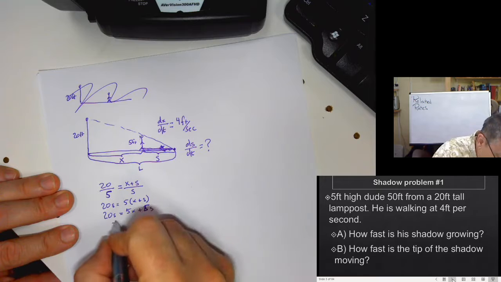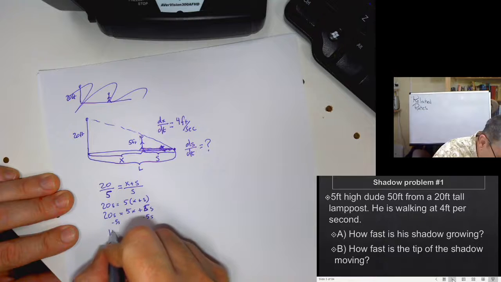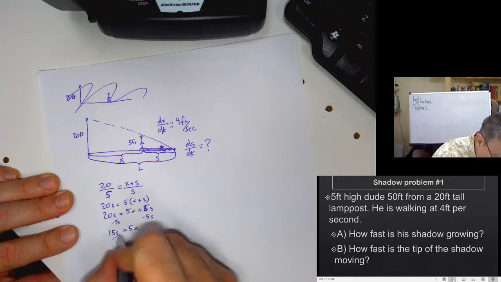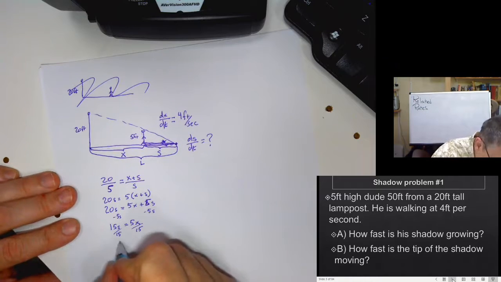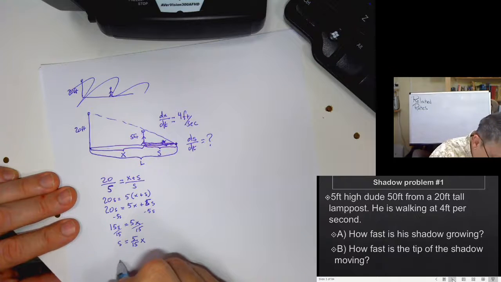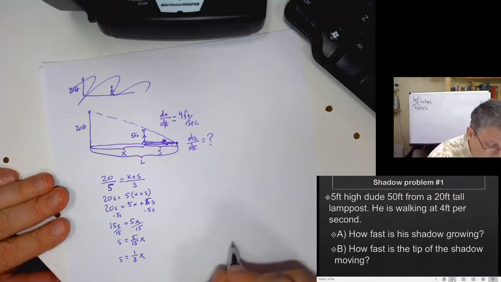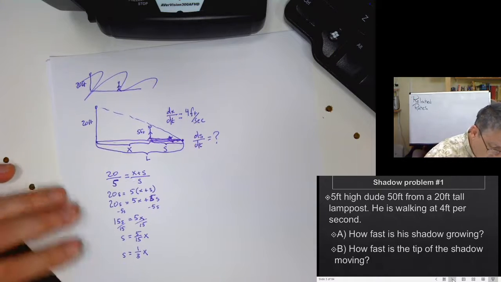Then we're going to subtract 5s from both sides, and that's going to leave us with 15s equals 5x. Then we're going to divide both sides by 15, and that's going to leave us with s equals 5/15 x. And we can reduce that fraction to 1/3 x. Now, we know how fast x is changing, and that will tell us how fast s is changing, right?